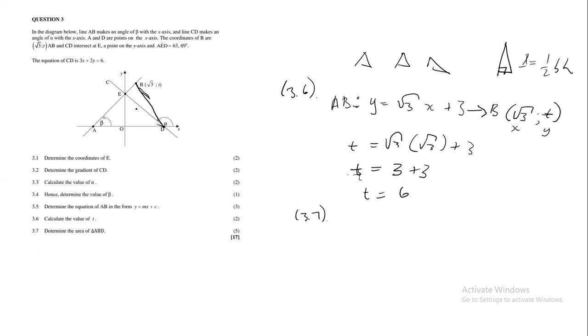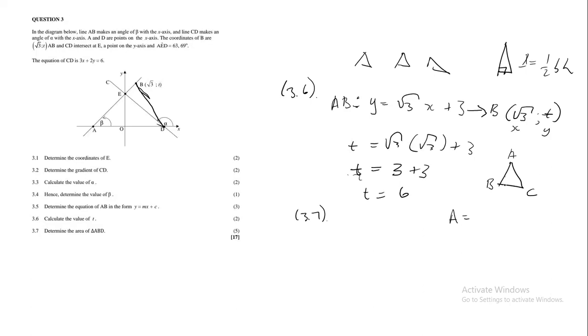So how are you going to use the area rule to determine the area of this triangle? Let me remind you, let me jog your brain. If you're given a triangle like this, and you want to determine its area, let's say this is point A, this is point B, and this is point C. By using the area rule, you must know the magnitude of one of the angles.